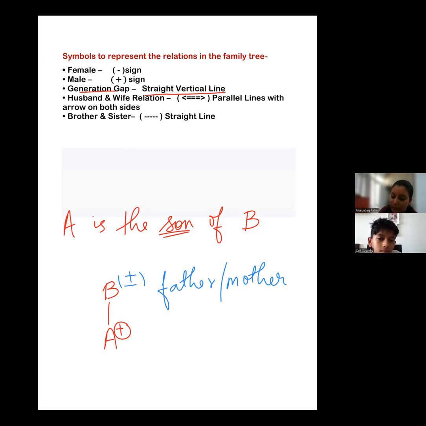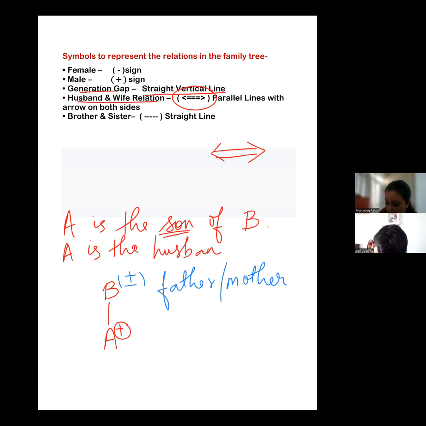Now the relation between husband and wife we can show with two parallel lines and arrows on both sides, like this. If I write that A is the husband of C, how can I join A and C? I'll join A and C like this.